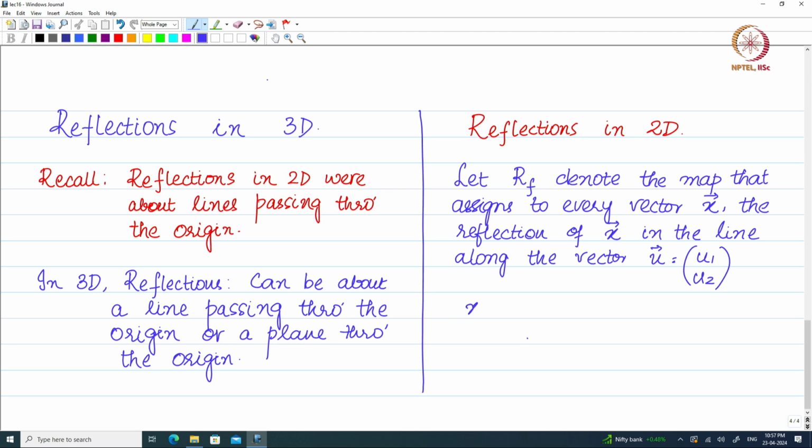So, we have the vector x which is x1 x2, we are looking at 2D in the first place, and we are going to take the vector u to be u1 u2.